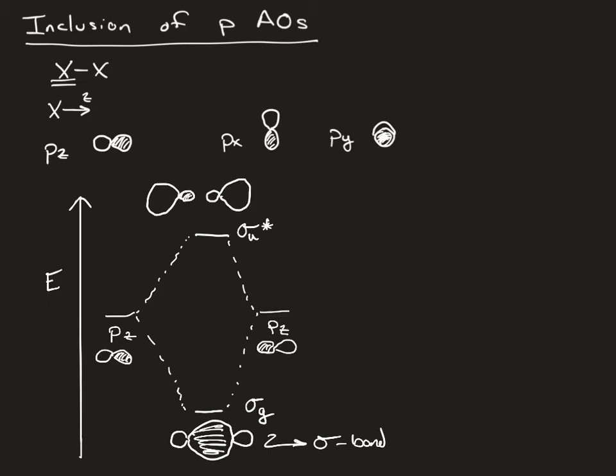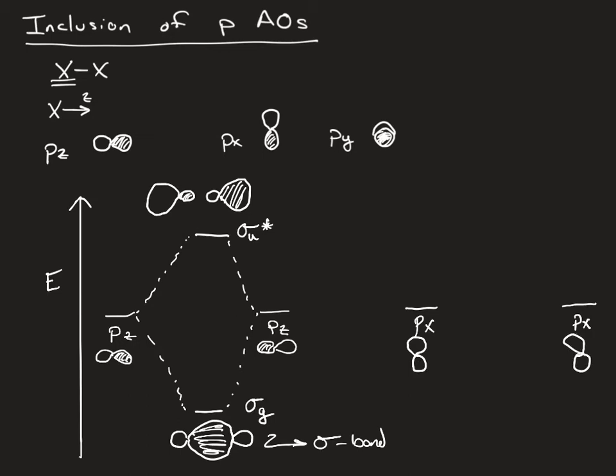And it's going to look like that. Taking the px combinations, we're going to form a different type of bond. Because the x, y, and z p orbitals are degenerate, the atomic orbital energies are going to be the same.